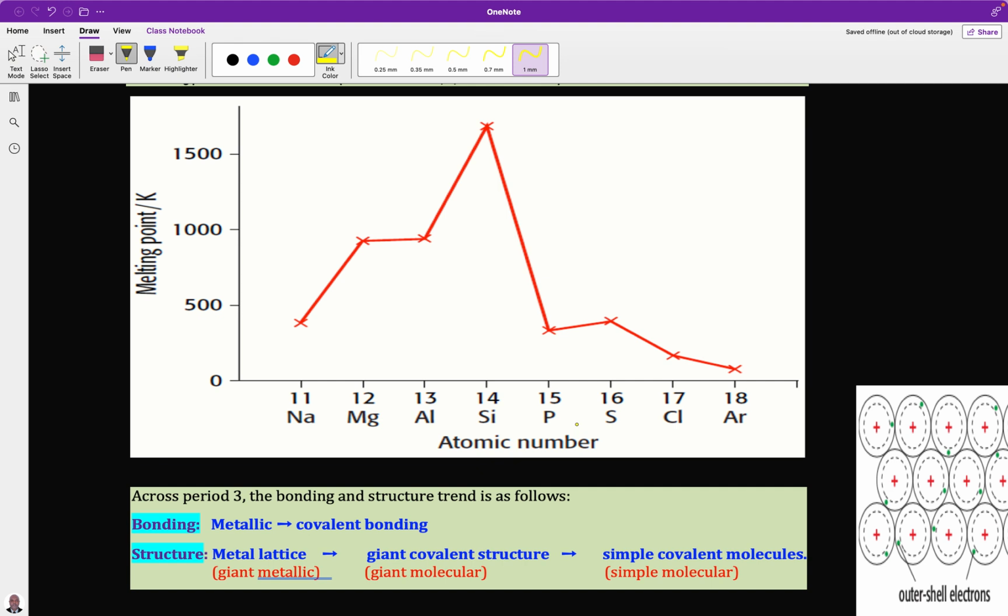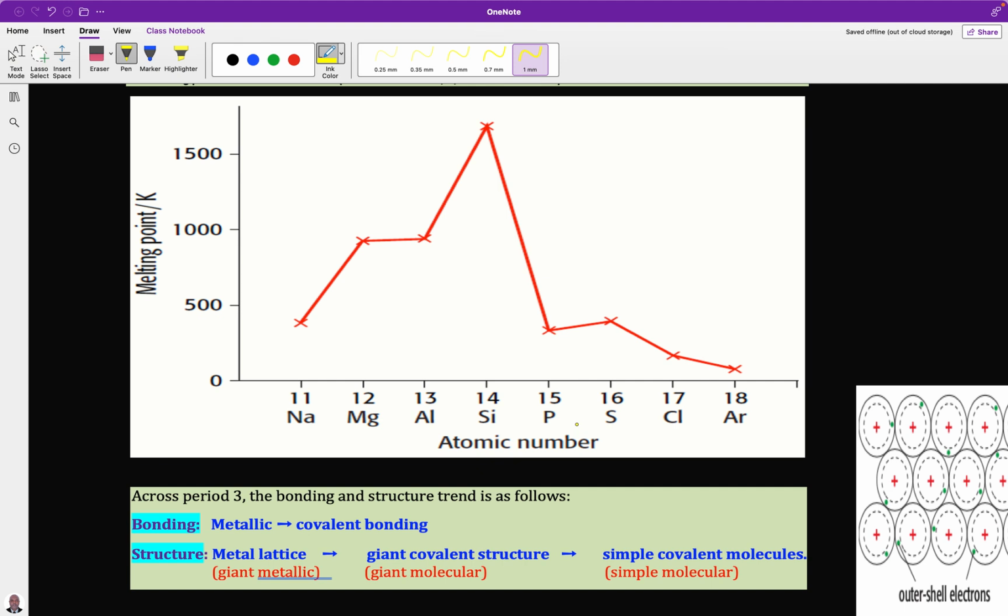For electrical conductivity, as I said, it will depend on the delocalized electrons. So in aluminum, there are more delocalized electrons. We have 3 valence electrons in aluminum.